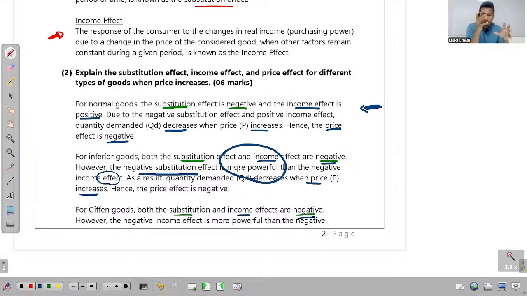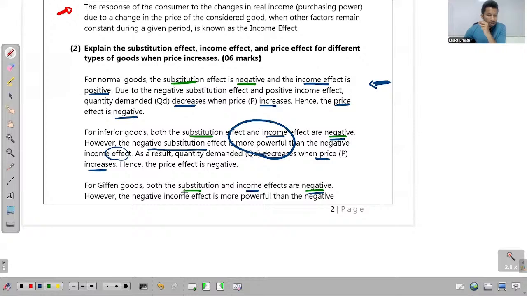And then finally, for Giffen goods, this is a special case of inferior goods. Here the substitution effect and the income effect both are negative, but unlike in typical inferior goods, the negative income effect is much more powerful than the negative substitution effect. Due to the negative substitution effect, when price increases, quantity demanded decreases.